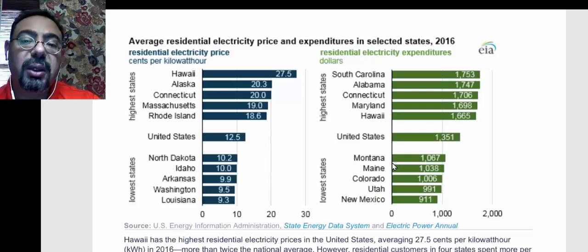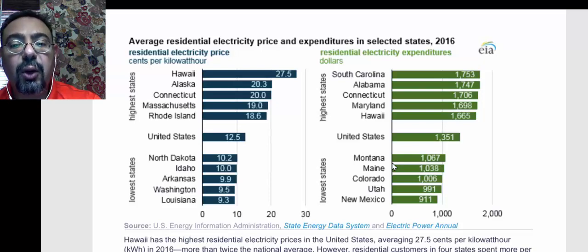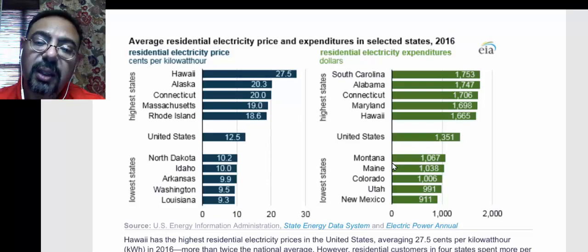A lot of you also cook on an electric stove, right? And our oven is electric. So there's a lot of heating applications that we use electricity for.